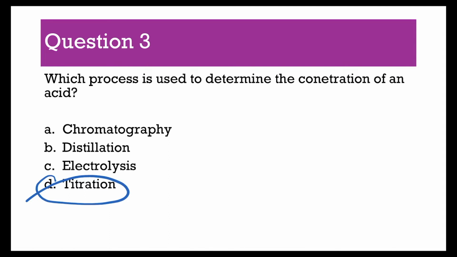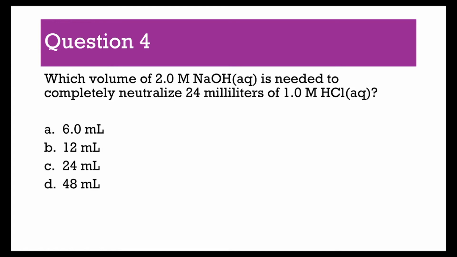Okay, number 4 says how many milliliters of... even before we read it, we know we're doing titration, so we need to list out everything. MB, VB, OH.